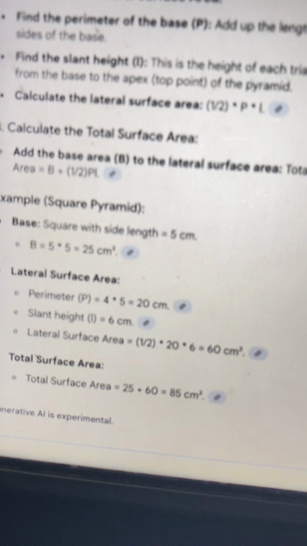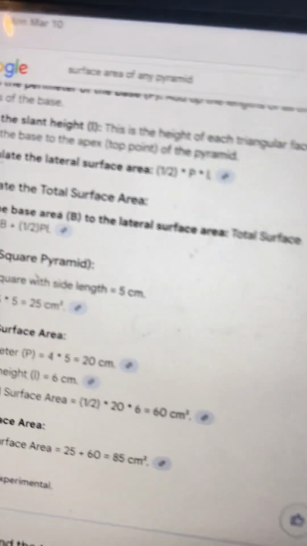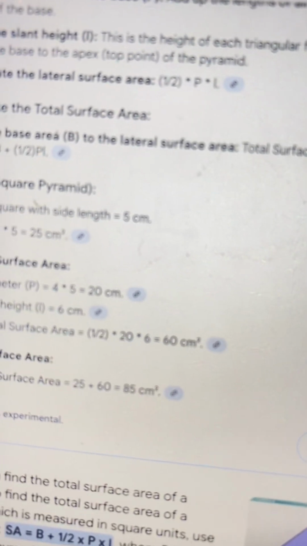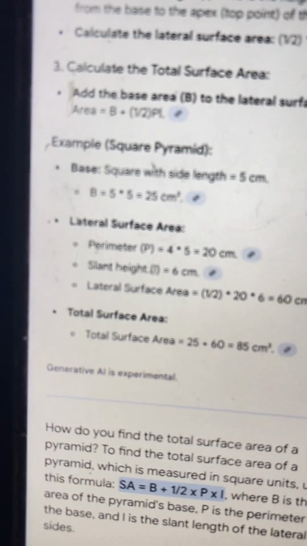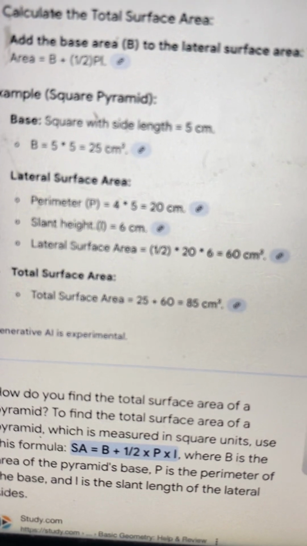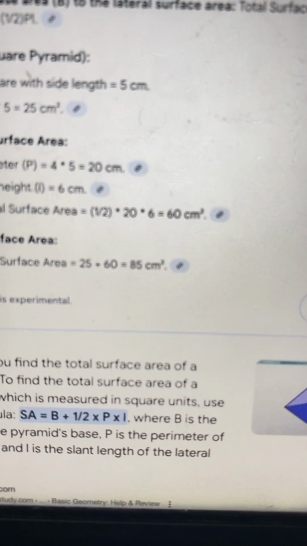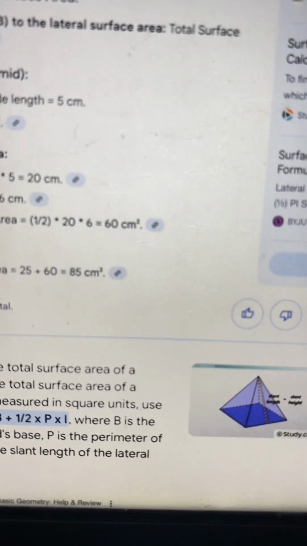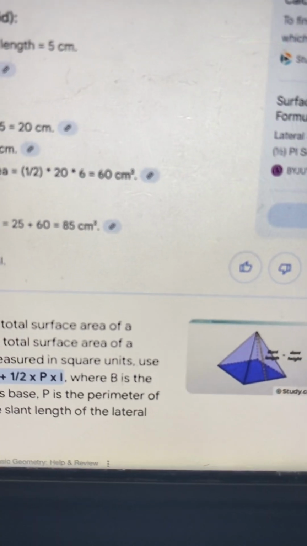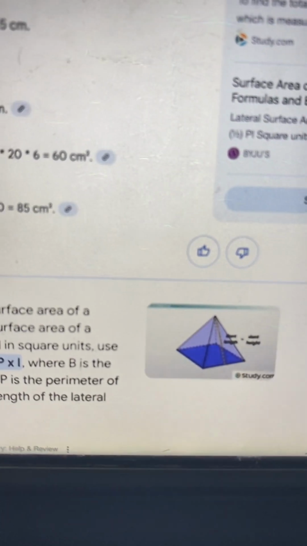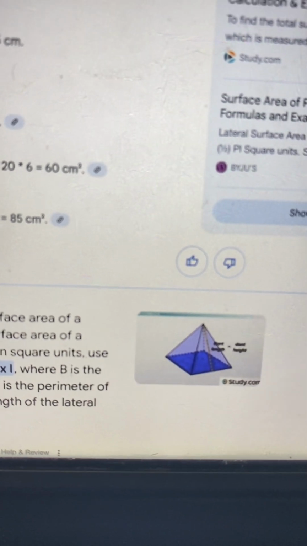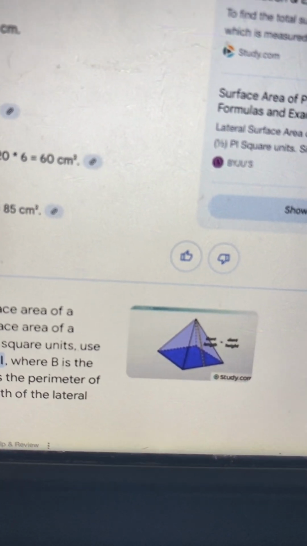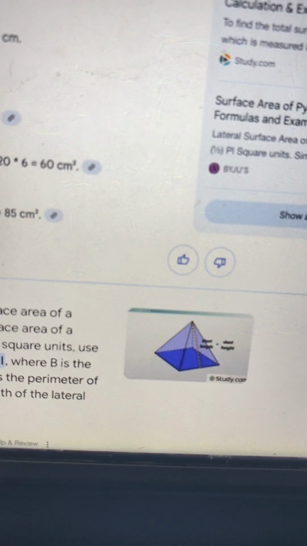Let's do an example with a square pyramid. Let's say there's a square whose side length is 5 centimeters. Well, in this case, multiplying 5 by itself results in 25. For the lateral surface area, the perimeter is 20, slant height is 6, and the lateral surface area, 1/2 times 20 times 6, is 60 because 20 times 6 is 120, and half of that is 60.